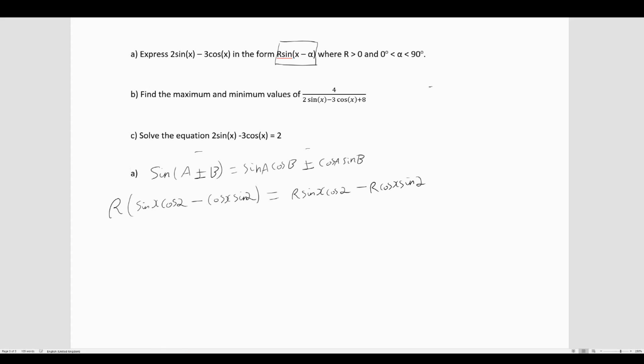We should notice that looks similar to the expression we are told to write in harmonic form. So I can just say let 2 sine x minus 3 cos x equal r cos alpha sine x, swapping them so it looks a bit neater, minus r sine alpha cos x.